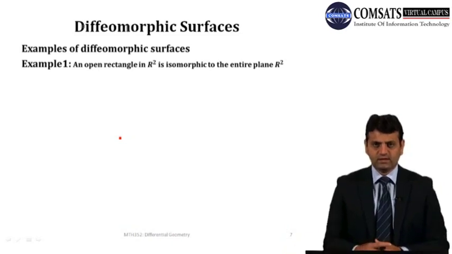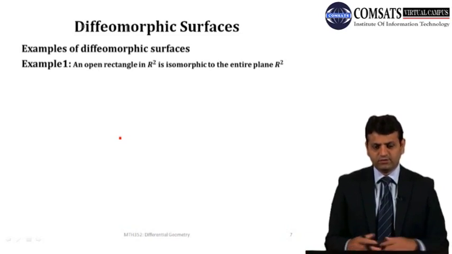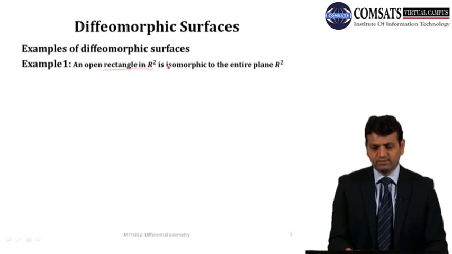Now let's consider examples to see how this shape and size thing can differ. So for example, an open rectangle in R2 is diffeomorphic to the entire plane R2.